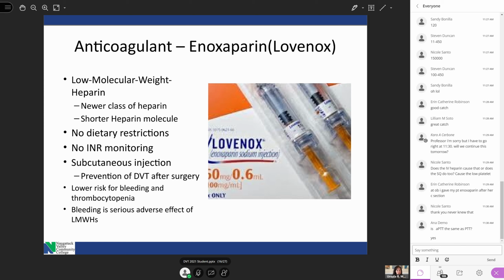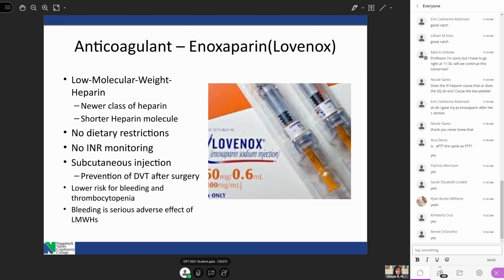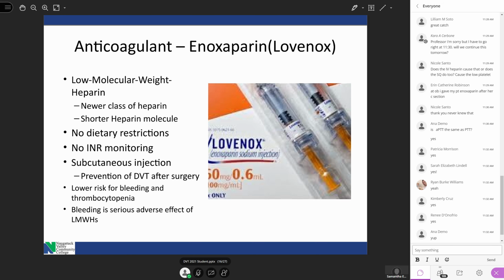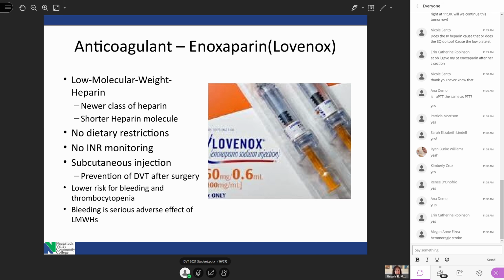Okay, so, bleeding, I talk about bleeding precautions. Bleeding is a problem. If you're bleeding in your urine or your stool, that's a problem. If you're bleeding in your brain, is that a problem? Is that a big problem? Yes. That is a huge problem.